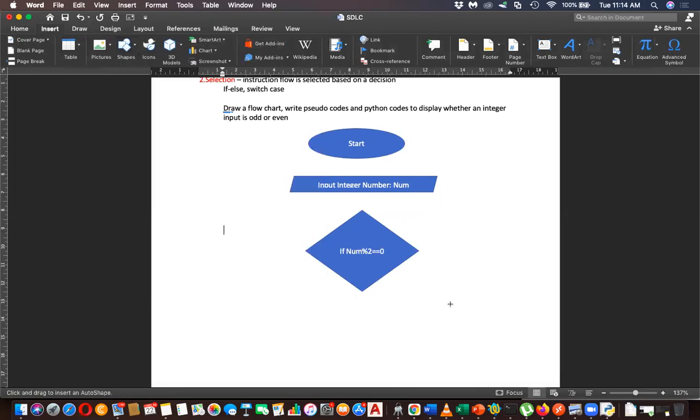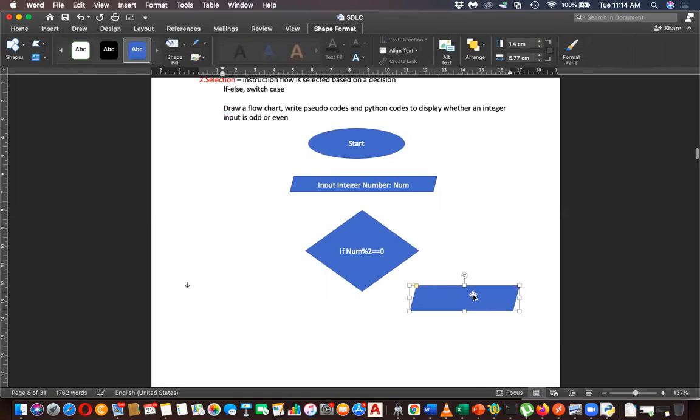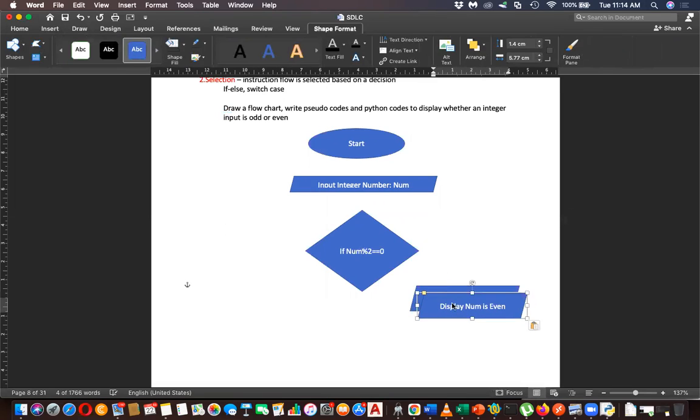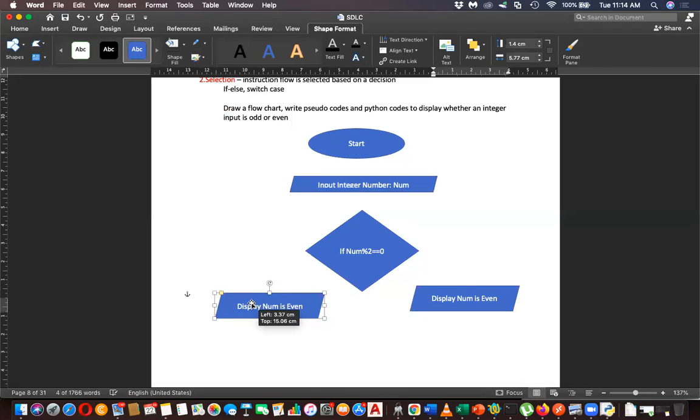You display num is even. If not, you display num is odd.